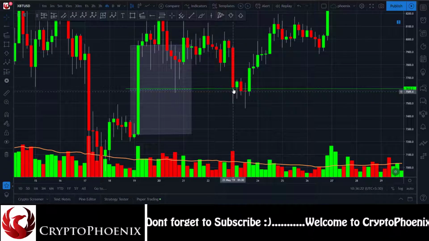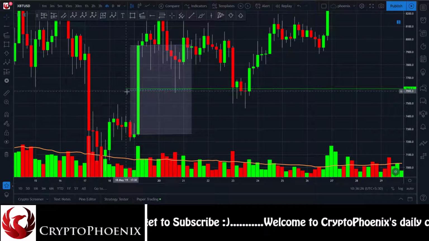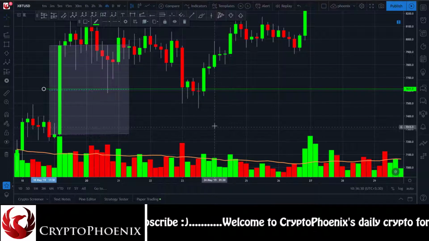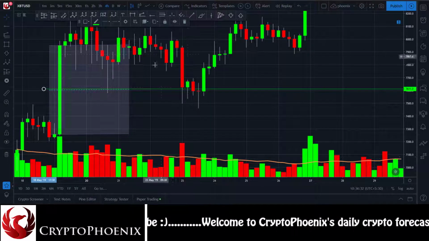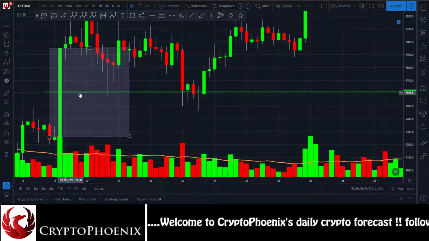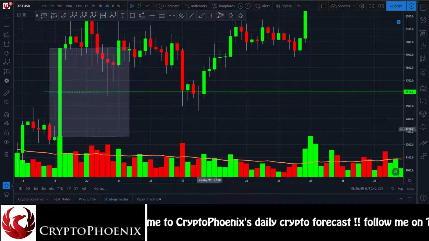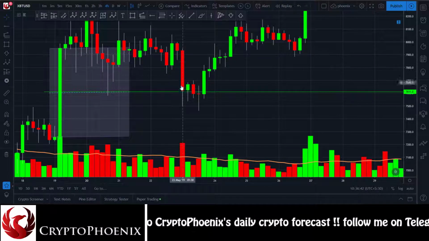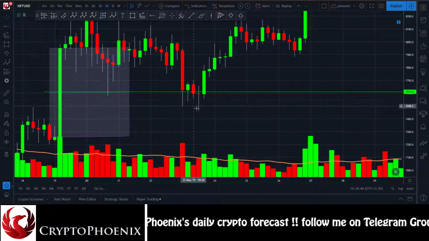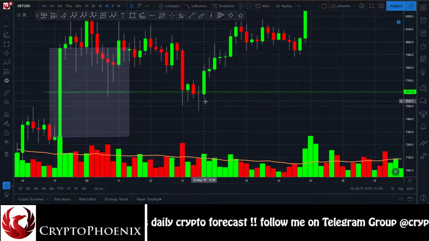One basic thing about support and resistance I want to share with you guys is this. You can see this is called a bearish trap, where the bears try to push the market downside, but the bulls move the market upside. Whenever you find such patterns near support or resistance, where the bears try to push the market and are rejected again and again, you find this candle is your morning star, and your morning should always be happy.